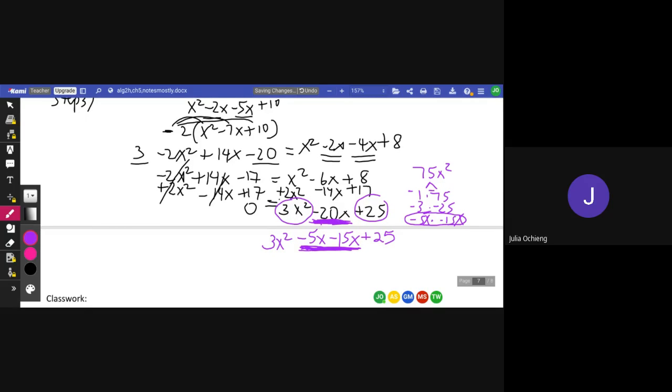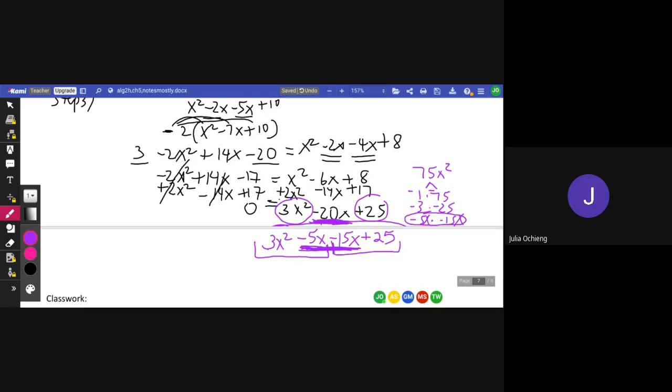So I'm not changing the value of this entire expression, okay? I'm just making it into 4 terms instead of 2 terms because it turns out it's easier to factor that way.